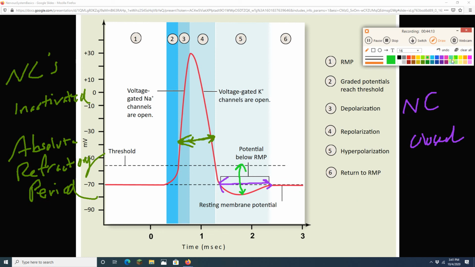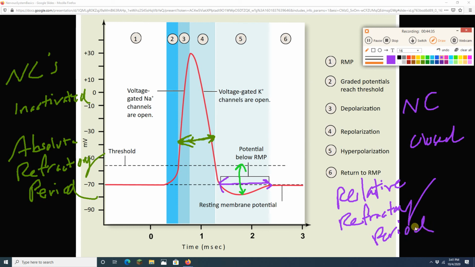And this period of time is known as the relative refractory period. So it's possible to have another action potential at this time, at this particular spot in the membrane, but it's harder because we're farther from threshold.